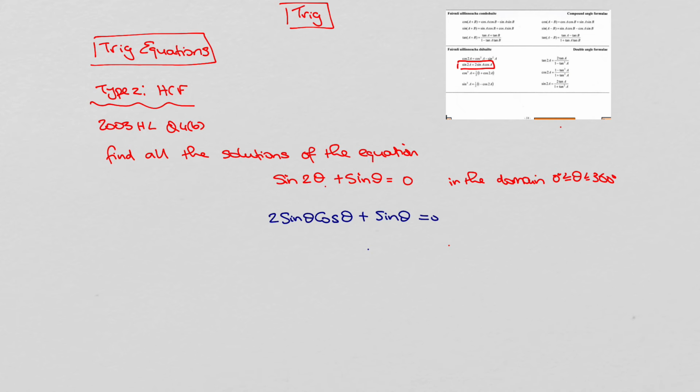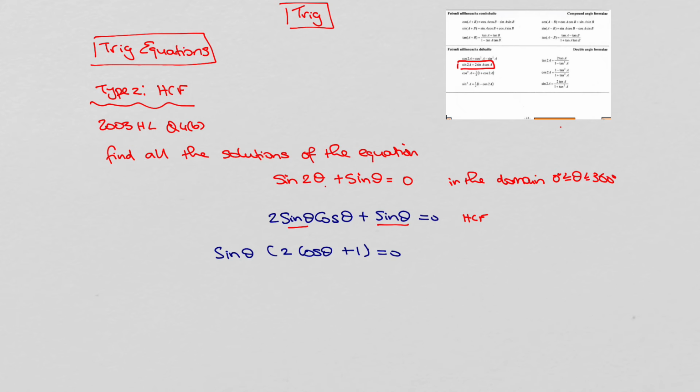And now I can see that I have something common, sine theta and sine theta. So if I take out my highest common factor there, sine theta, that leaves me with 2 cos theta plus 1 is equal to 0.